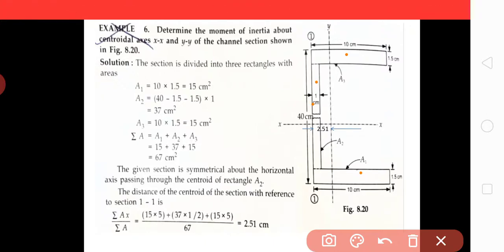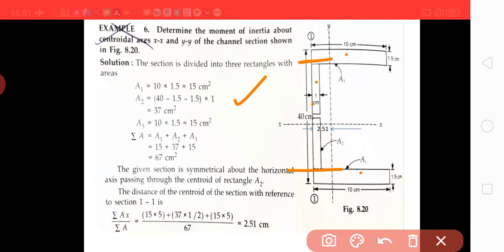A1 is 10 into 1.5, 15 centimeter square. Then A2 is 40 minus 1.5 minus 1.5. The total length is 40, this 1.5 here minus 1.5 here, total is 37. So 37 into 1 comes out to 37 square centimeter here.